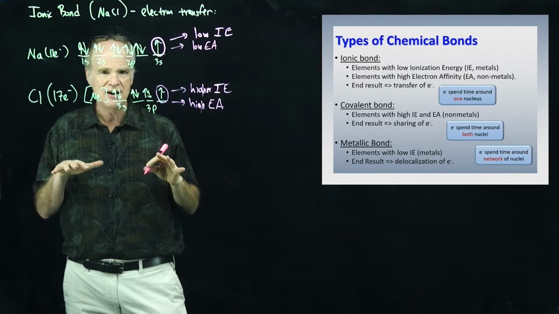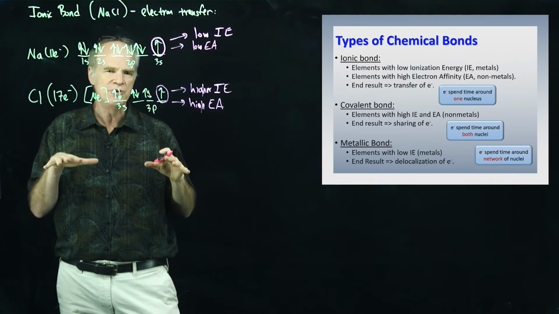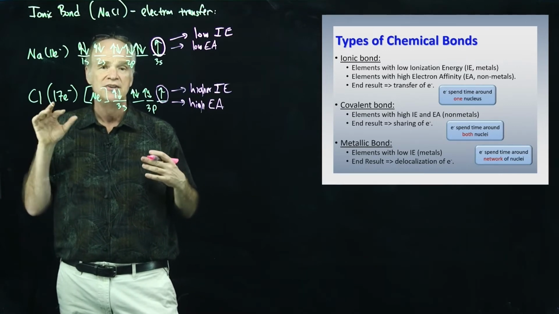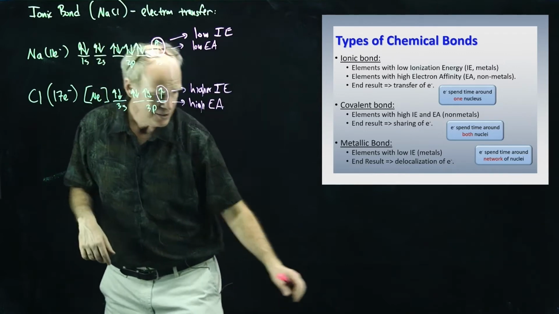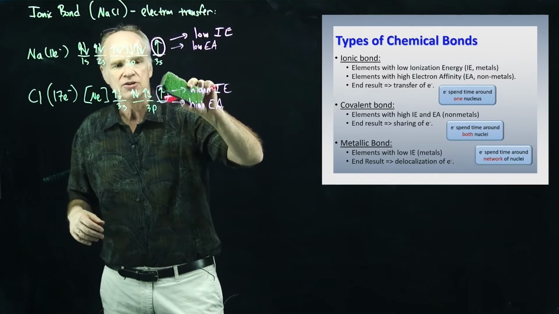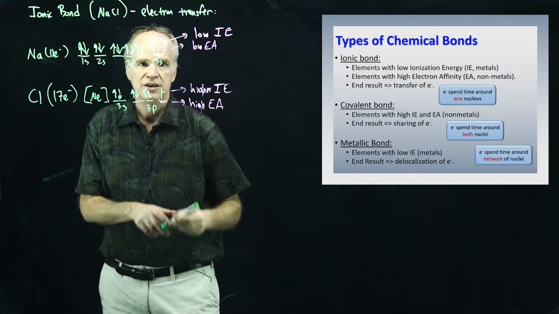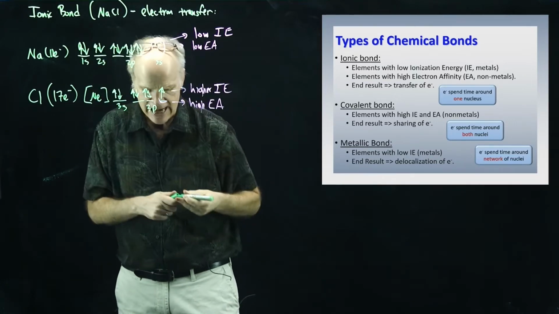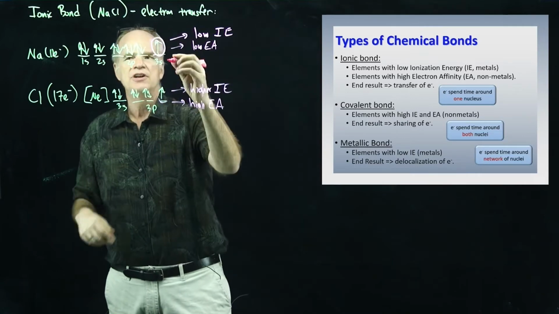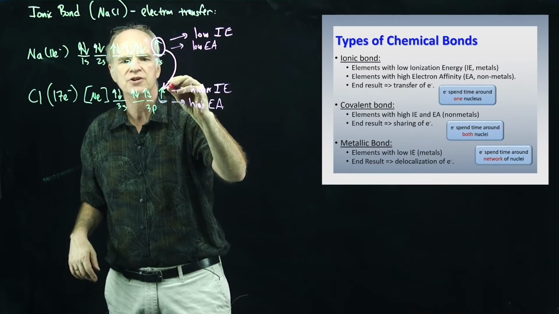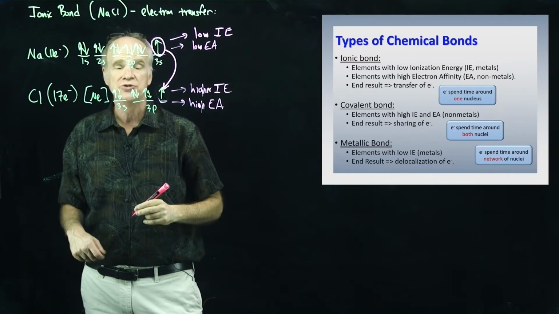Now I'm hoping you can see that the situation between ionization energies and electron affinities for these two atoms demands that when they get close to one another, the electron from sodium in the 3s orbital goes to chlorine.